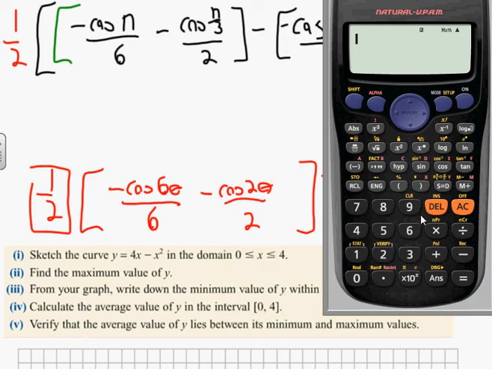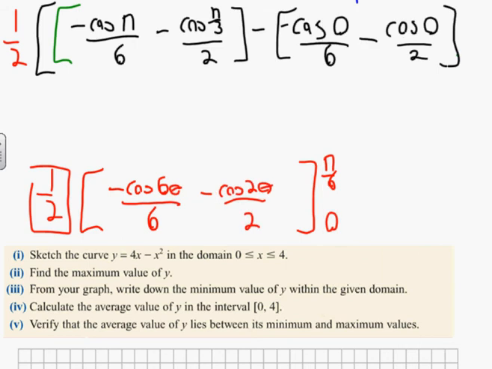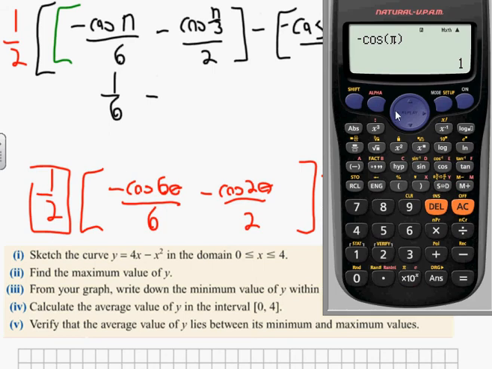Okay, let's see what we get here. So we're going to get minus cos pi, and we get 1, so that's going to be 1 over 6, minus cos pi over 3. Remember to divide it by 2 as well.